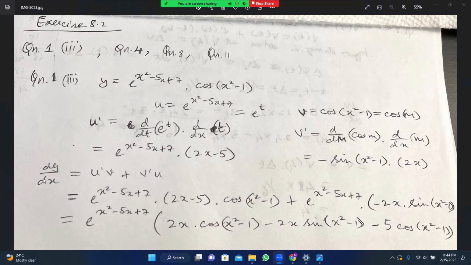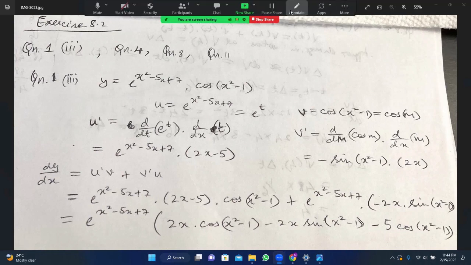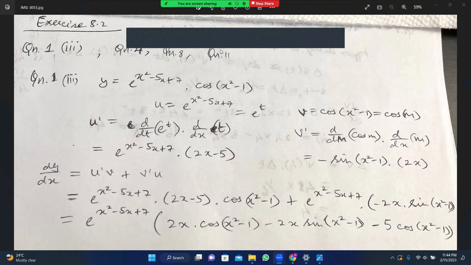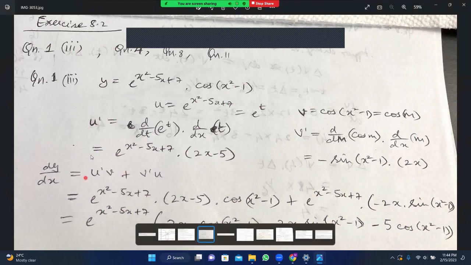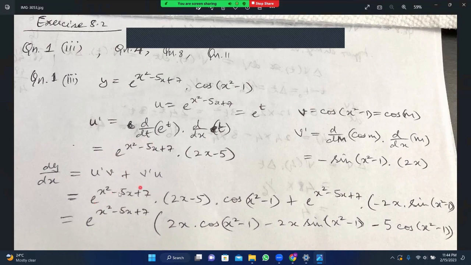So we have dy by dx is equal to u prime v plus v prime u. We substitute the first term u prime, then multiply by v, cosine of x square minus 1.